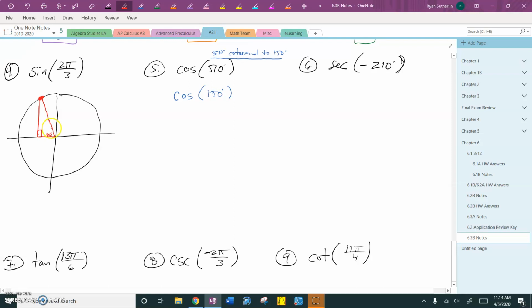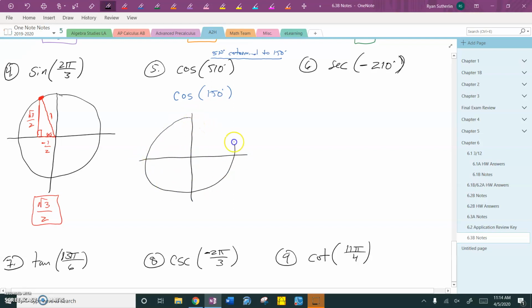And now I have the short leg is 1/2, but it's in the second quadrant, so the x value is going negative. The long leg is root 3 over 2, and so sine is the y value, which is root 3 over 2.